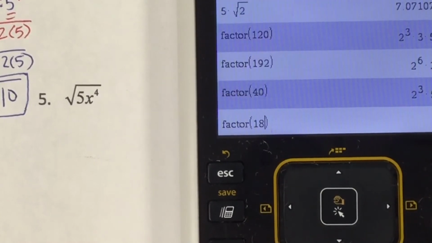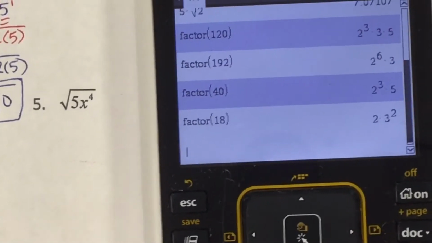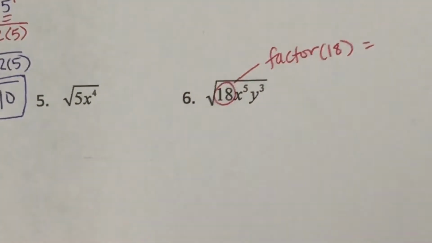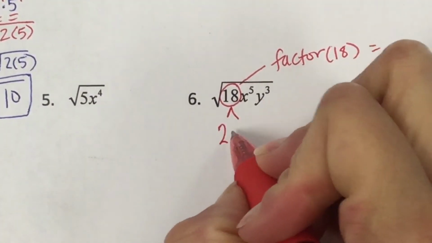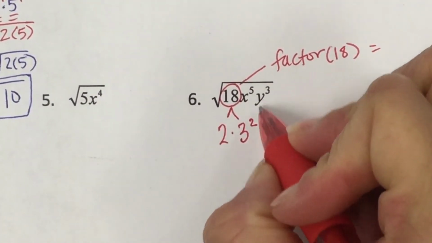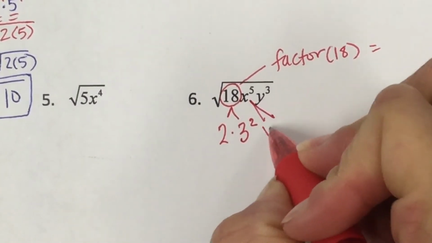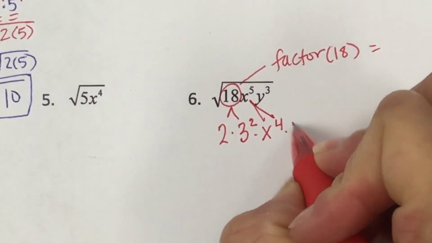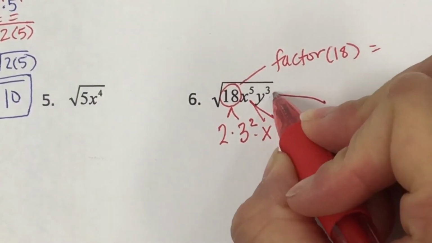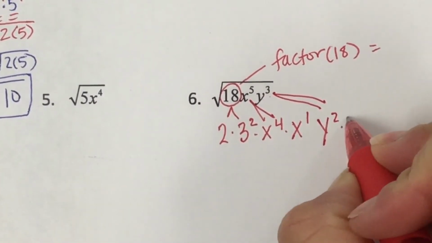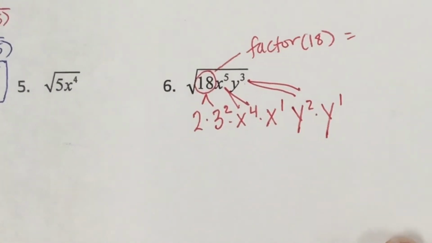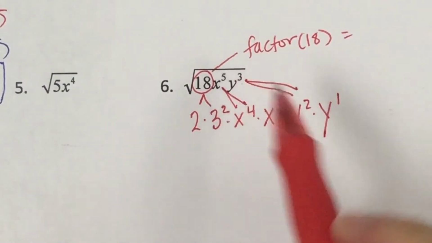Menu 2, 3, 18, and you get 2 times 3 squared. So this is 2 times 3 squared. X, you tell them you have to break it down, go down 1 power. Y, you have to break it down, go down 1 power. And in the end, they need to make sure the exponents add up to the original problem.